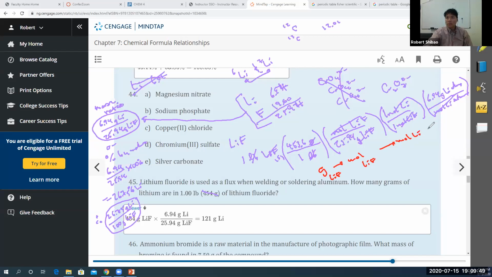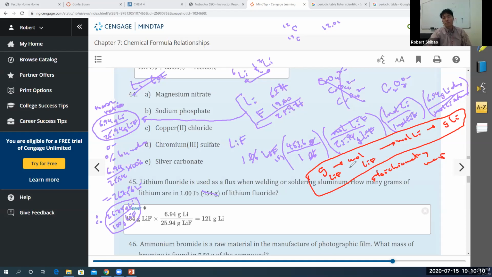And then a mole to gram conversion, going from moles of lithium to grams of lithium. This is called a stoichiometry map, a very common pattern in stoichiometry, and I'm just doing it in a common method here.